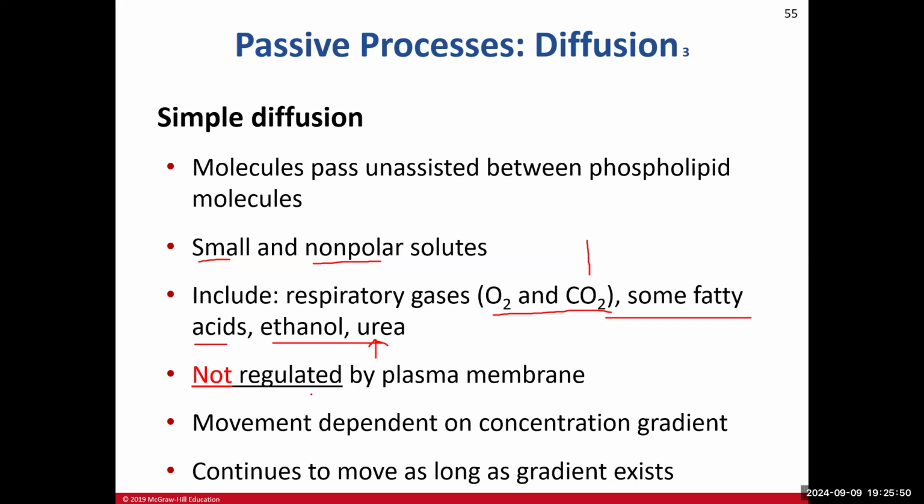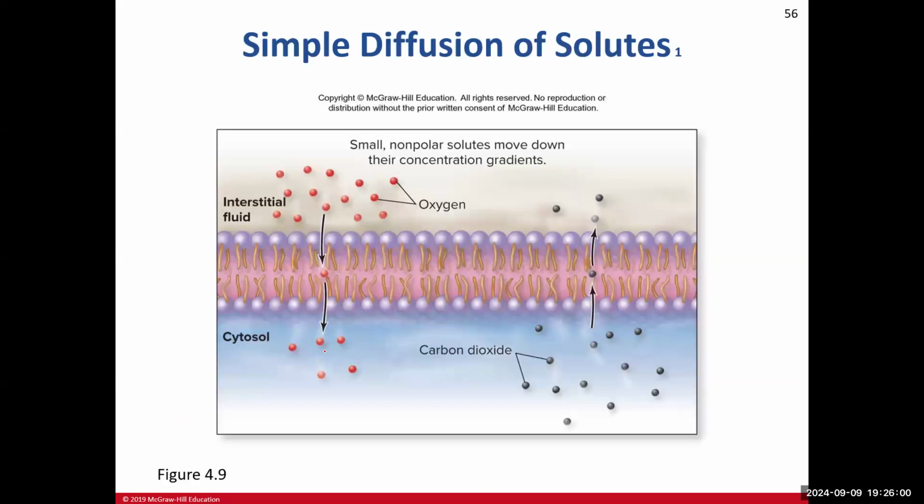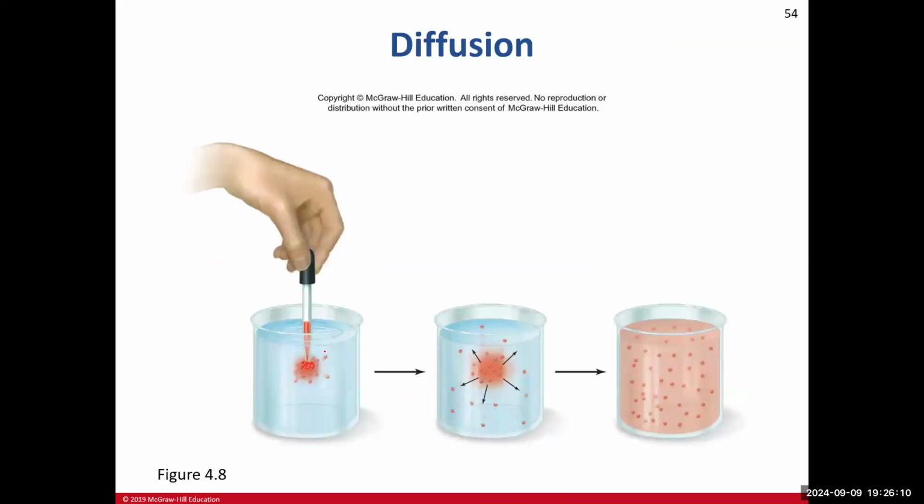But keep in mind that simple diffusion is all dependent on the concentration gradient. As long as we have more oxygen on the outside of the cell and very little of it on the inside, it's going to move from outside and in until equilibrium.